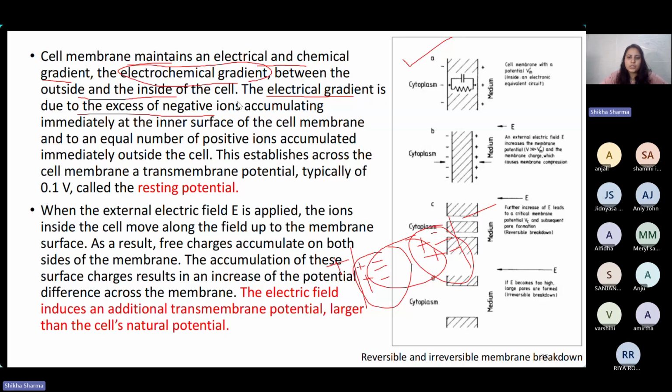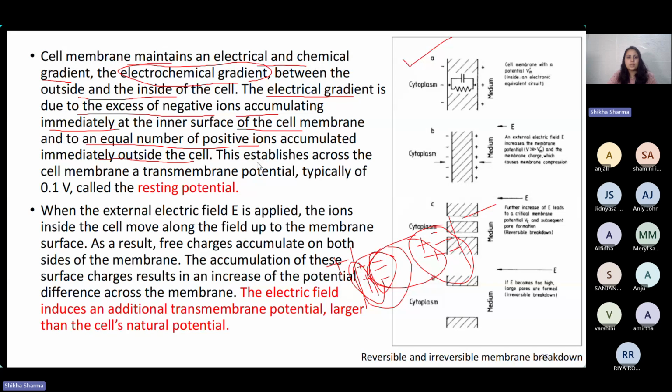When this electrochemical gradient is very high, a high amount of negative ions will accumulate immediately at the inner surface of the cell membrane, and an equal positive charge will accumulate immediately outside the cell.